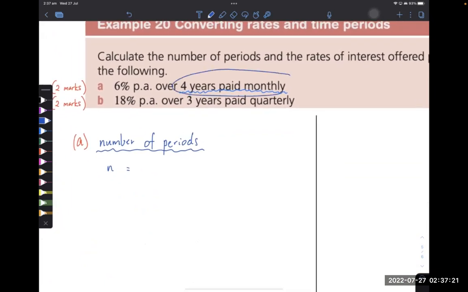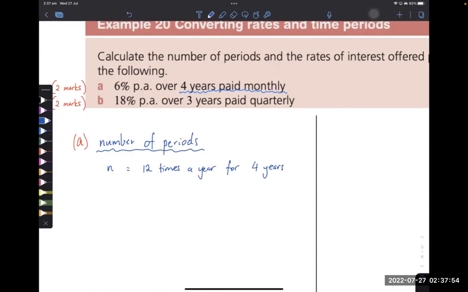Now it says here, 4 years paid monthly. So how many times does this idea of monthly mean if you're thinking about it in one entire year? If you're getting paid monthly, there's 12 months in 1 year. So that means you're going to get compounded, or paid, 12 times a year for 4 years.